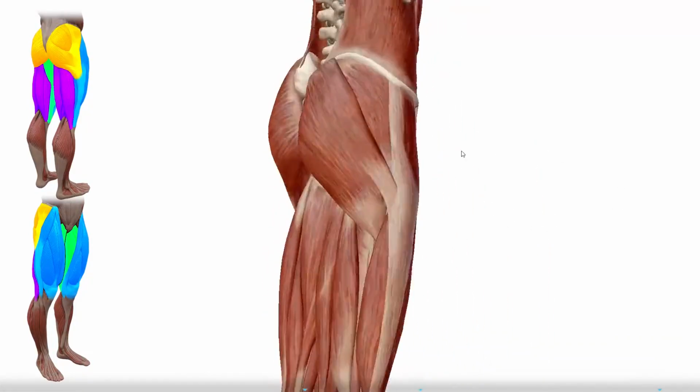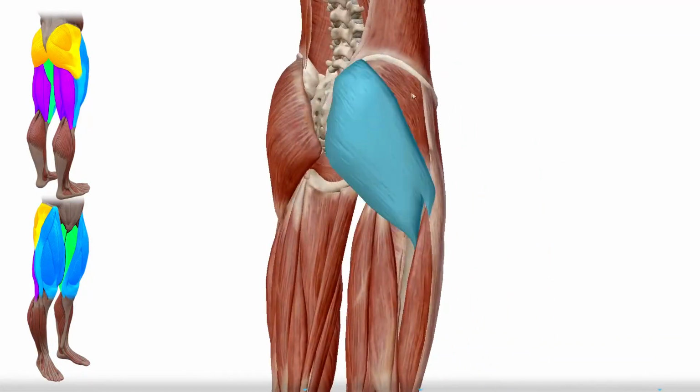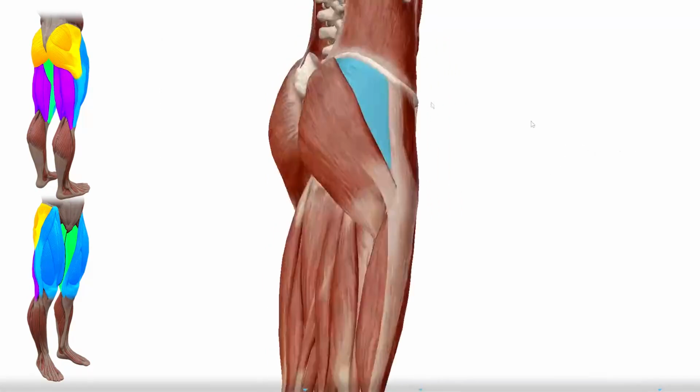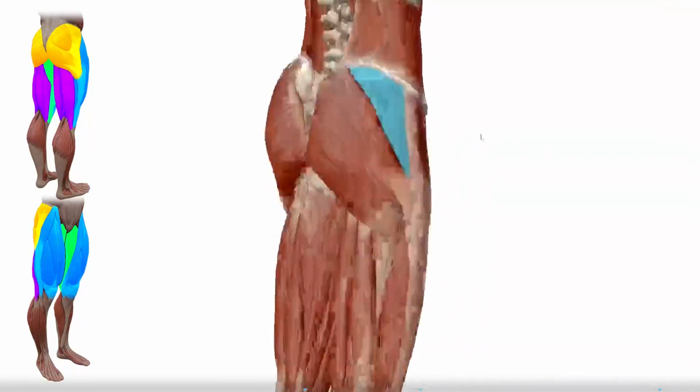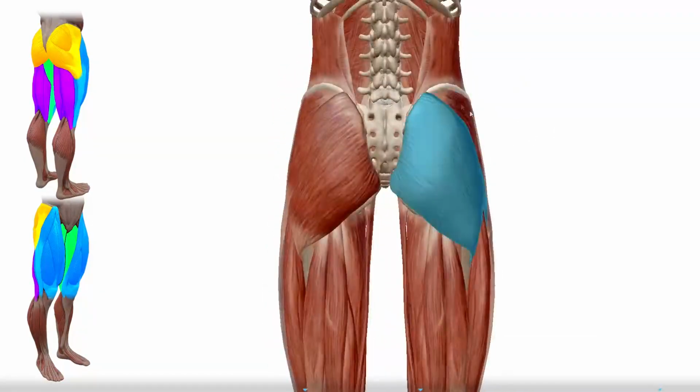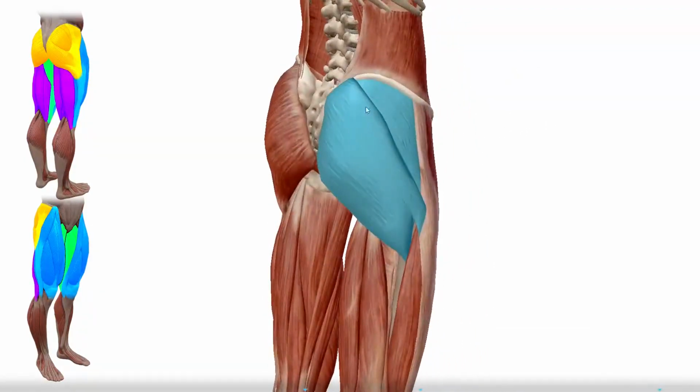The glutes are formed of two main muscles. We'll have the gluteus maximus, the biggest one, and the gluteus medius, the upper portion of the buttocks. It's a separation that's very important to know.